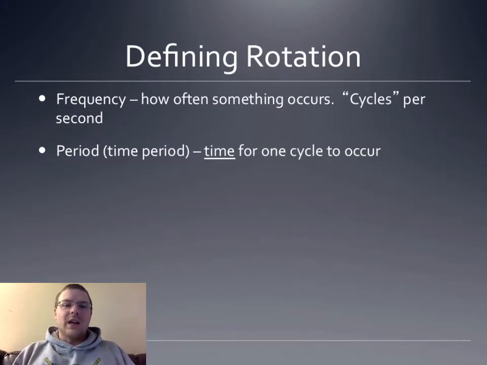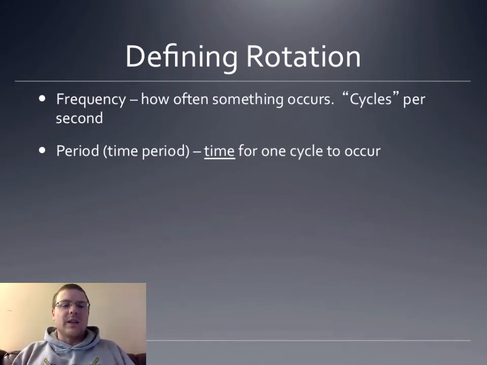When we define rotation, we have to define things like frequencies or time periods, which we've talked about a bit in the past with circles. Time period is the time for one cycle to occur, how long it takes you to go around the circle once, while frequency is how often that cycle occurs, how many cycles per second.